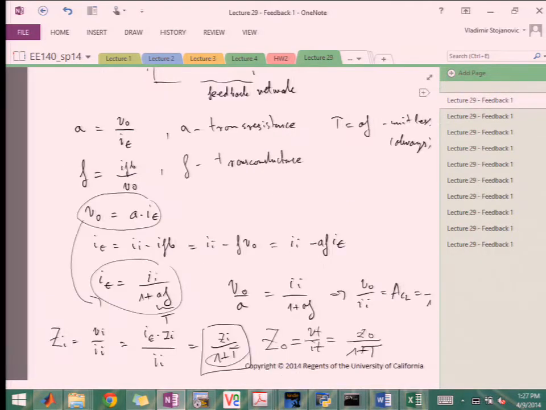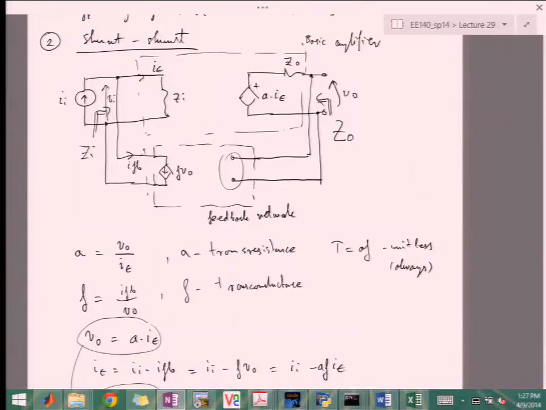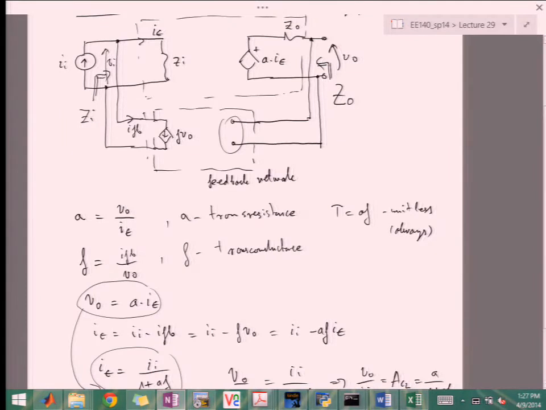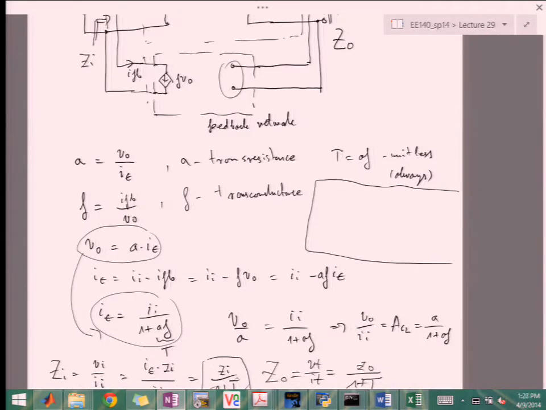Maybe it's worthwhile just, I don't know if I'm going to have the space. OK, I'll jot it down here on the previous one. Sort of worth noting just what the equivalent closed-loop amplifier model is. So here you have input current II, and then your impedance is Zi over 1 plus T, which means that it makes sense.